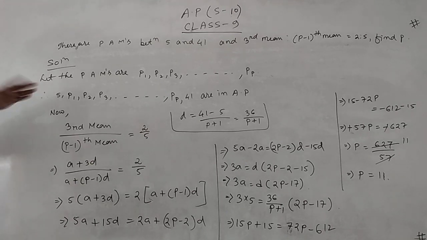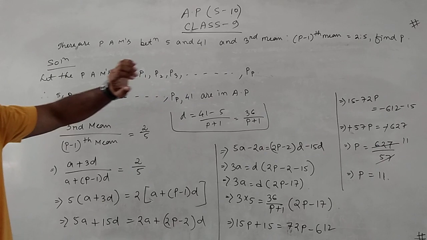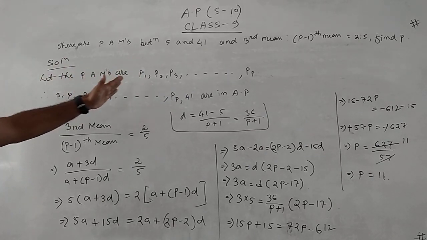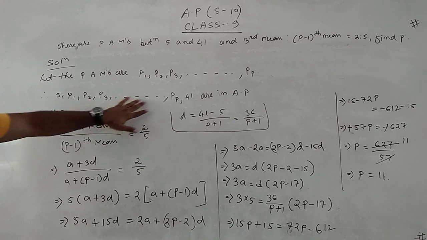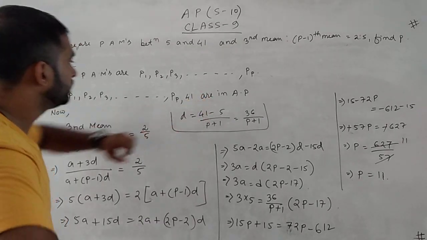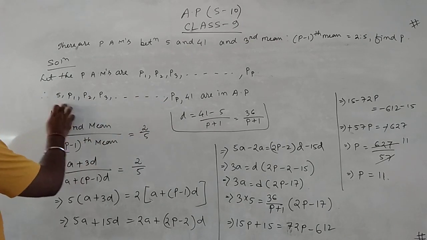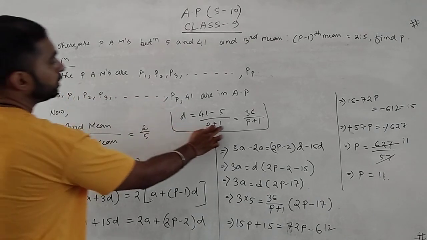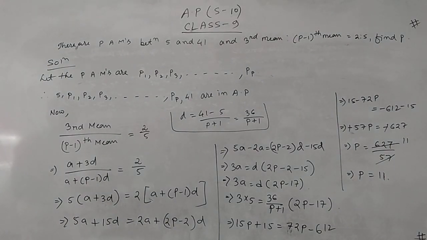So same as the previous one, let the arithmetic means be p1, p2 up to pp. These are the arithmetic means between 5 and 41. So 5, p1, p2, p3 up to pp, then 41 are in AP, then d equal to b minus a by n plus 1. Here n means p plus 1, so d equals 36 by p plus 1. Now third mean by p minus 1 at mean is 2 by 5.